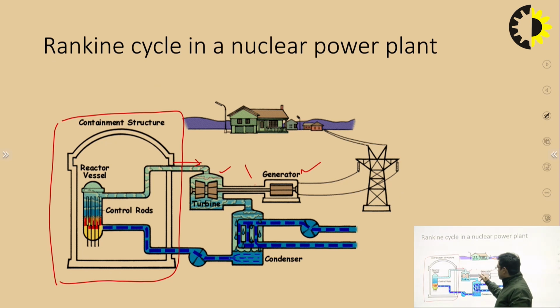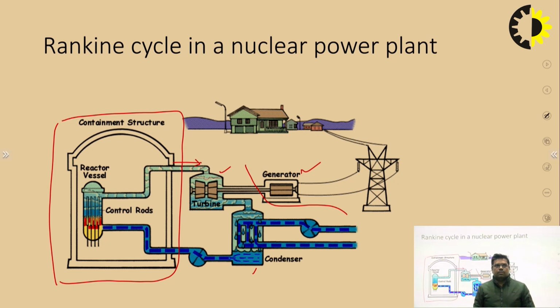But the main point is that we reuse the steam, which is condensed in the condenser, and the condensed water is again fed to the nuclear reactor, so this process works on a closed loop cycle.